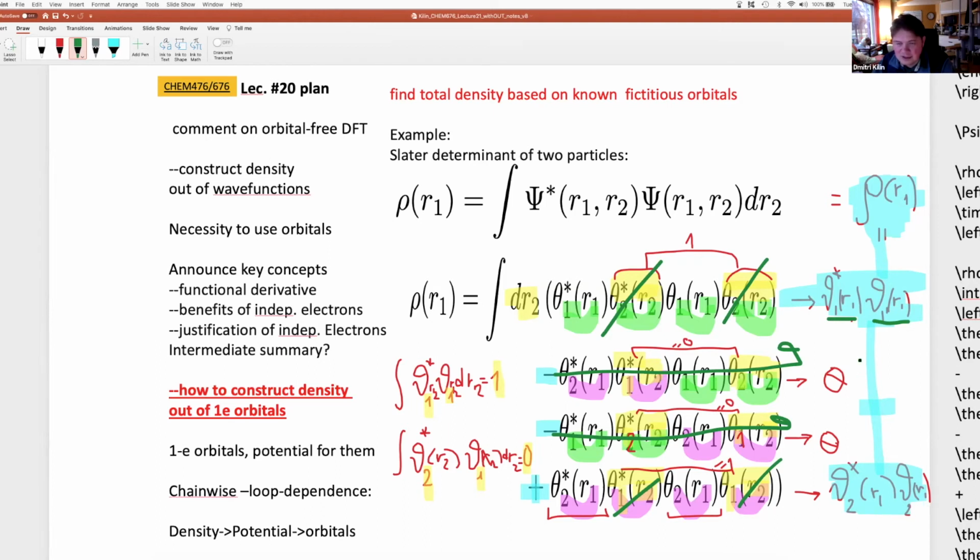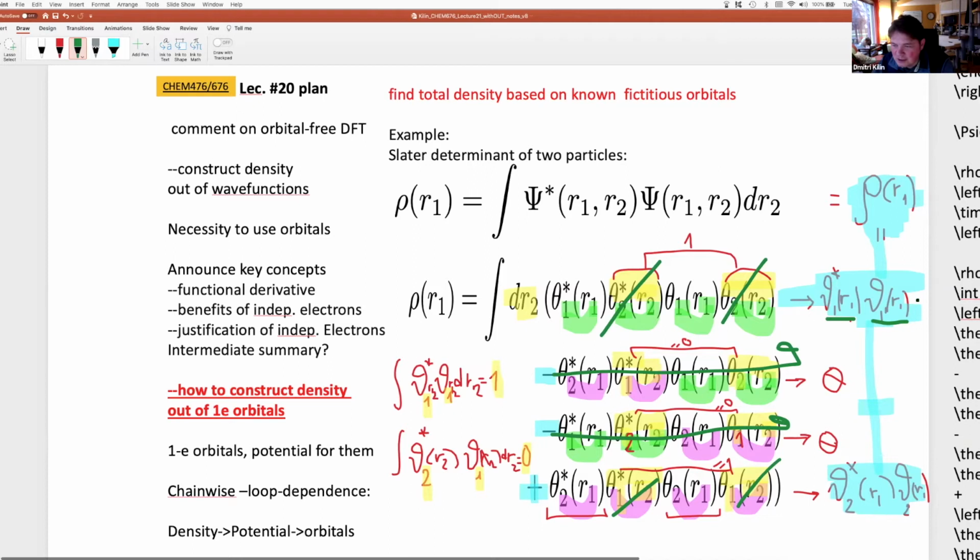And this expression, I don't have more space, but this one is the same as θ1 absolute value squared, and this one is the same as θ2 absolute value squared.